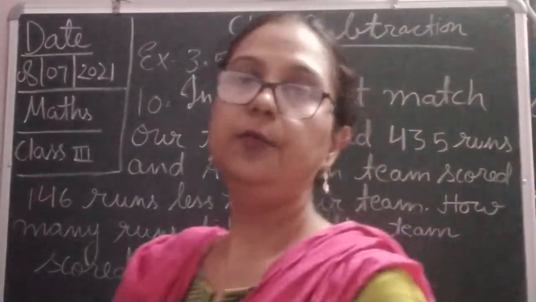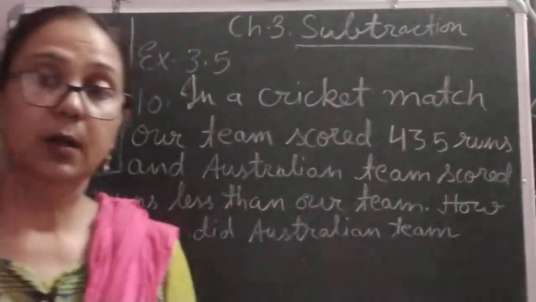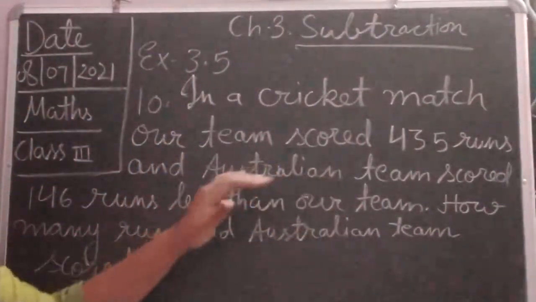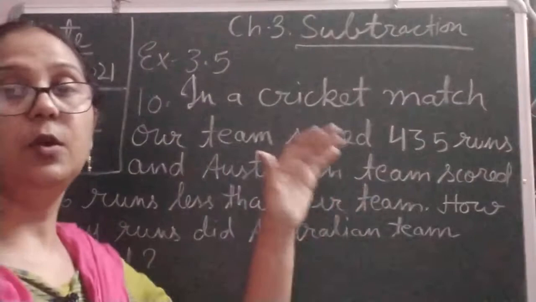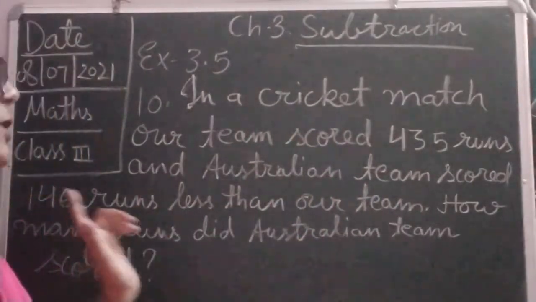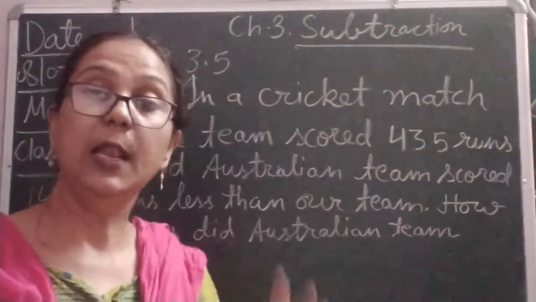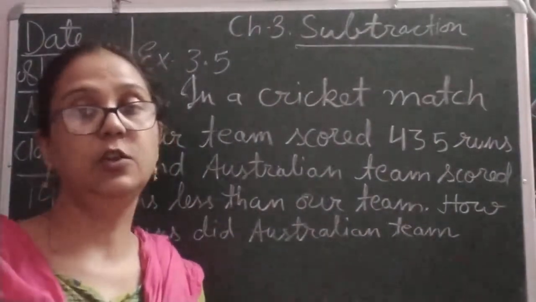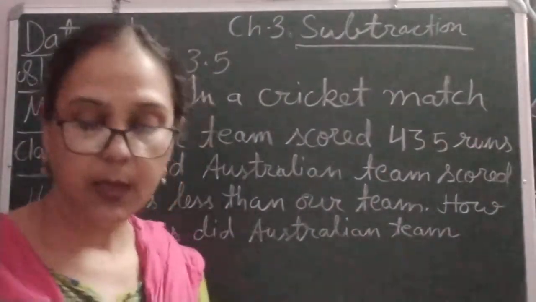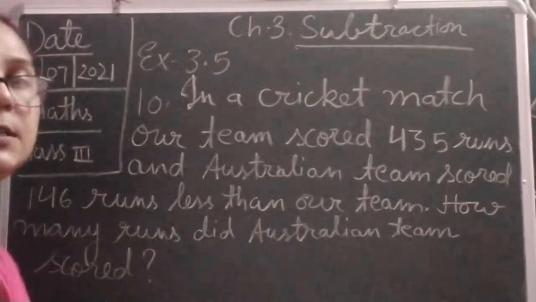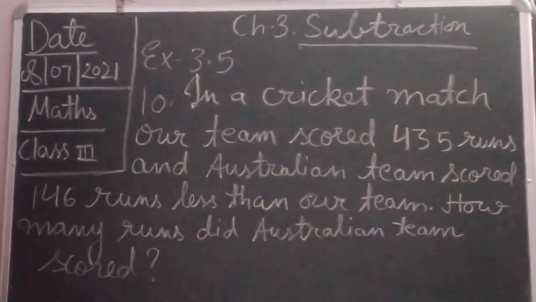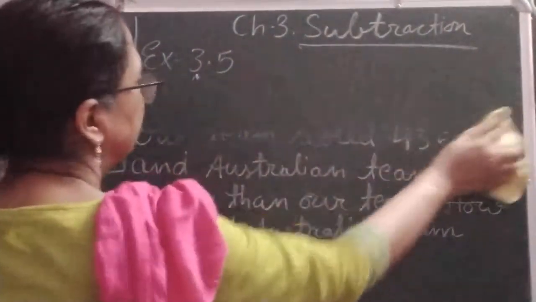Now children, first we will subtract from the total number of our score, because the Australian team scored 146 runs less than our team. So we have to write down the solution first.